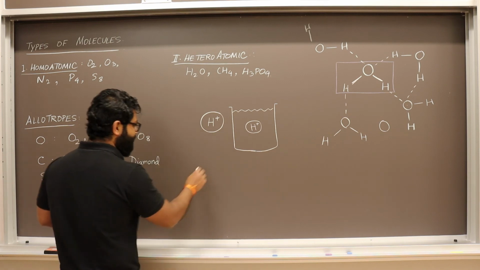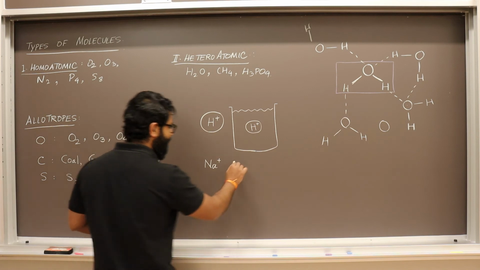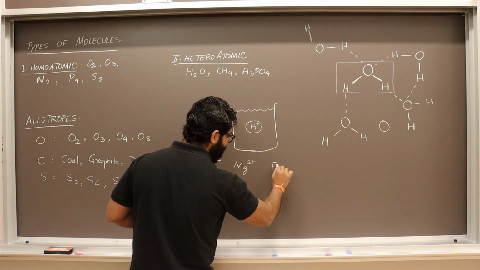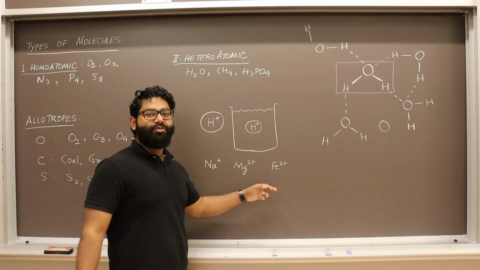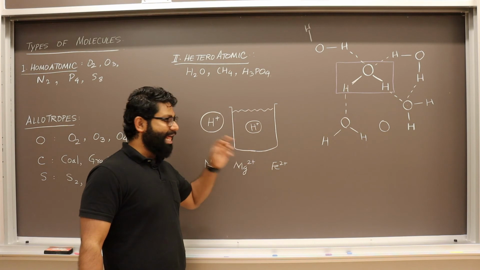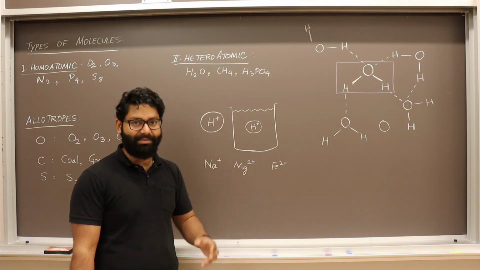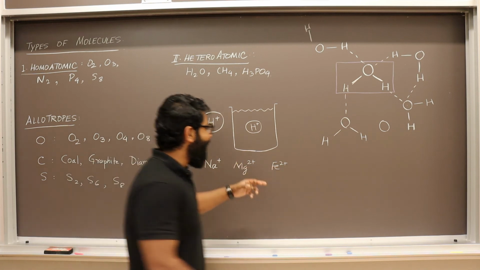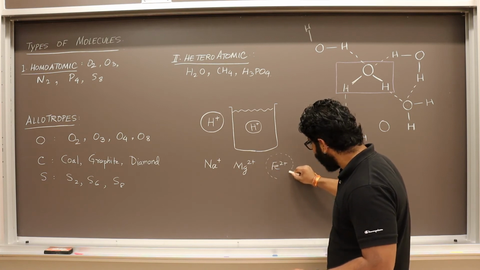More so than this are the cations. Say you have Na+, Mg2+, Fe2+, or Fe3+. You will never have separate Fe2+ cations in water. It doesn't exist. What happens is this Fe2+ attracts H2O molecules around it.